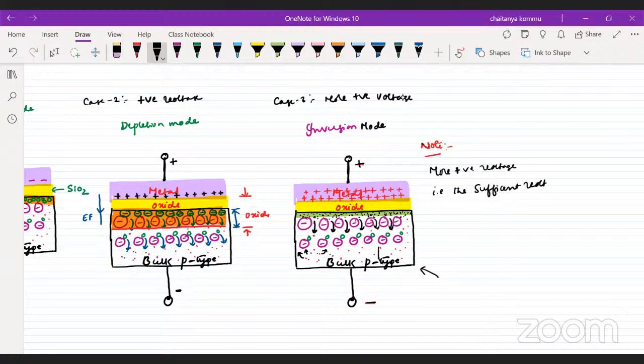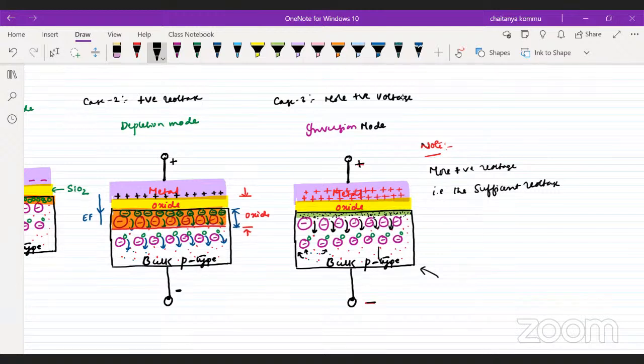What do I mean by a sufficient voltage? The voltage is sufficient to make the surface under the silicon dioxide filled with negative carriers, or occupied by the minority carriers. So whatever positive voltage we apply, we get inversion at the surface.